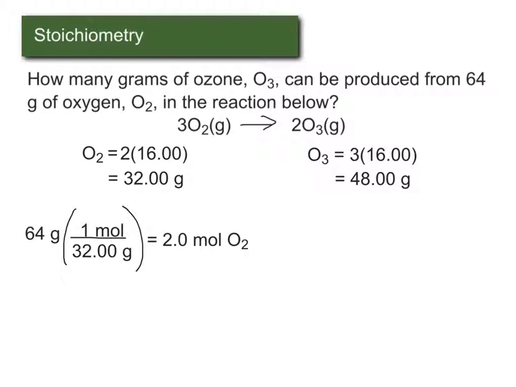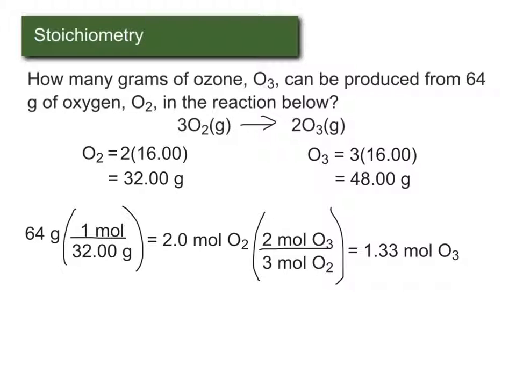So we're going to do that times 2 moles of ozone over 3 moles of O2. Again, what we're trying to find goes on the top. We're trying to get to ozone, so that's why the 2 is on the top. So 2 times 2 divided by 3 gives us 1.333 moles of O3, or ozone.